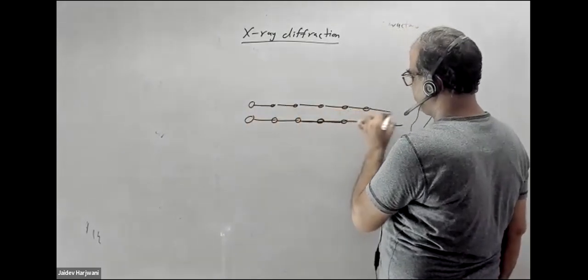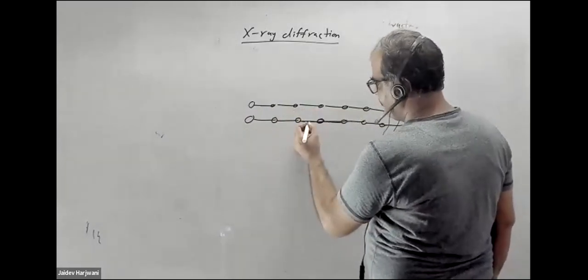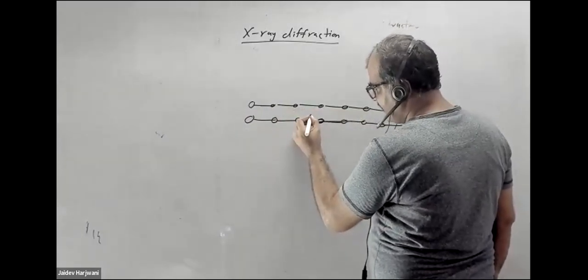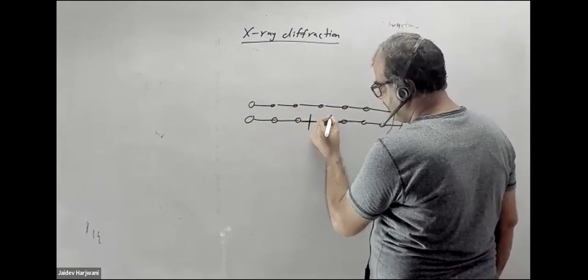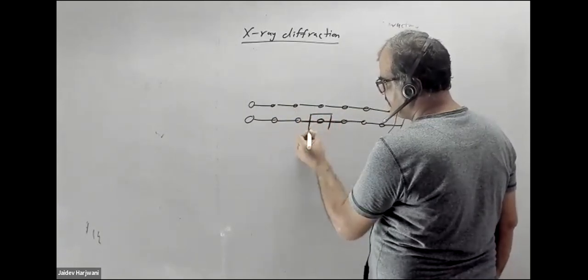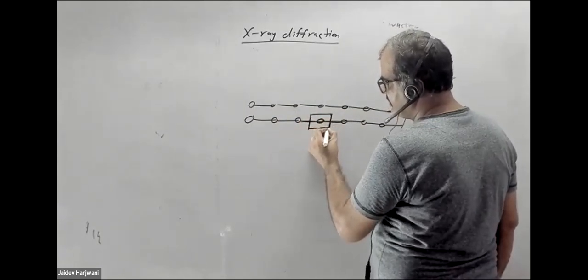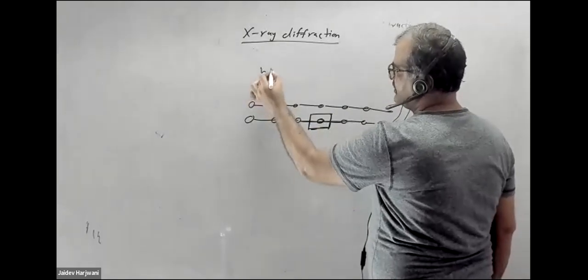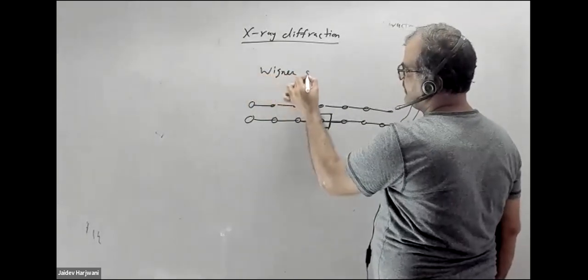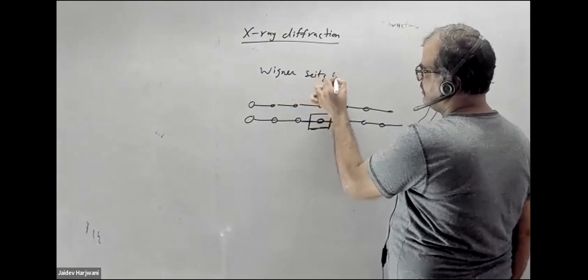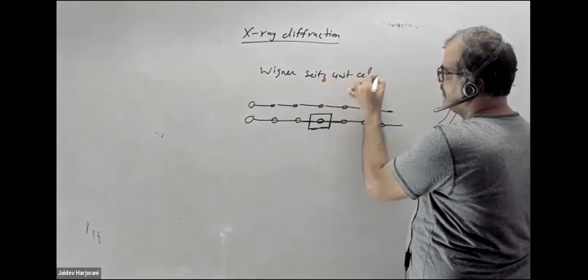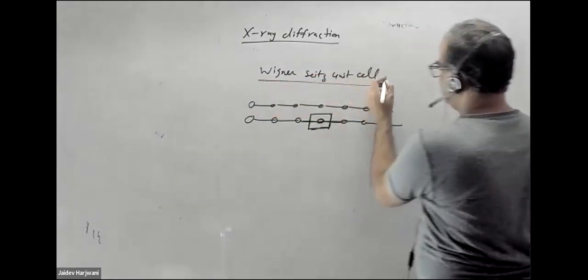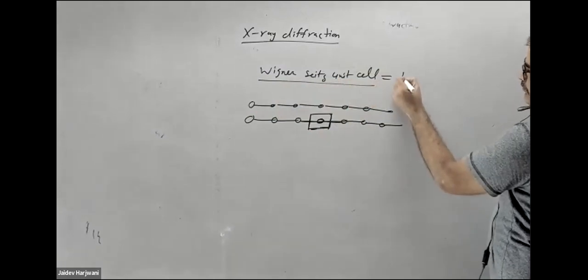This is a 2D crystal now. If this is 1D, you just divide this line by half and connect. So this is your Wigner-Seitz unit cell, and the cell volume is equal to the primitive unit cell volume.